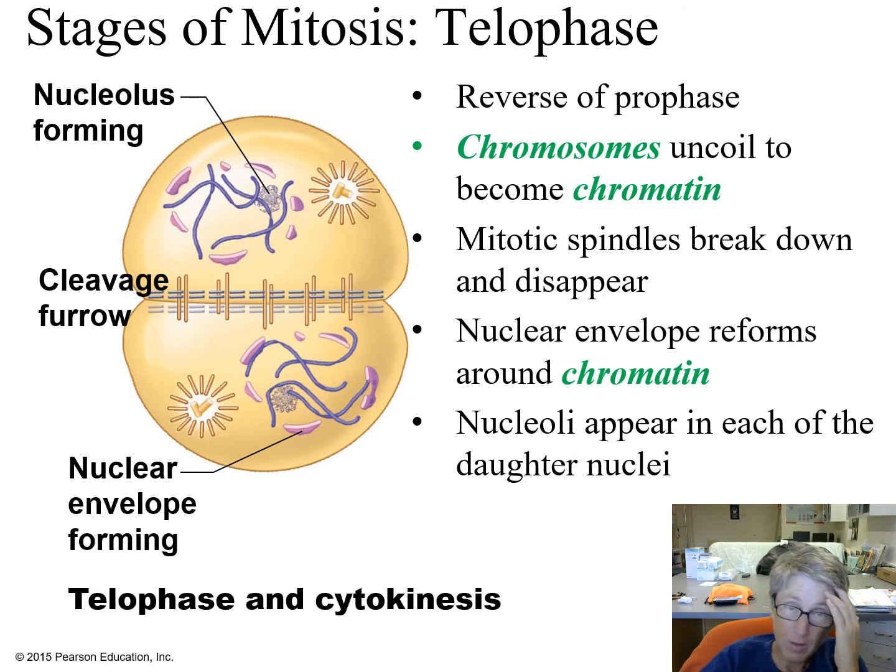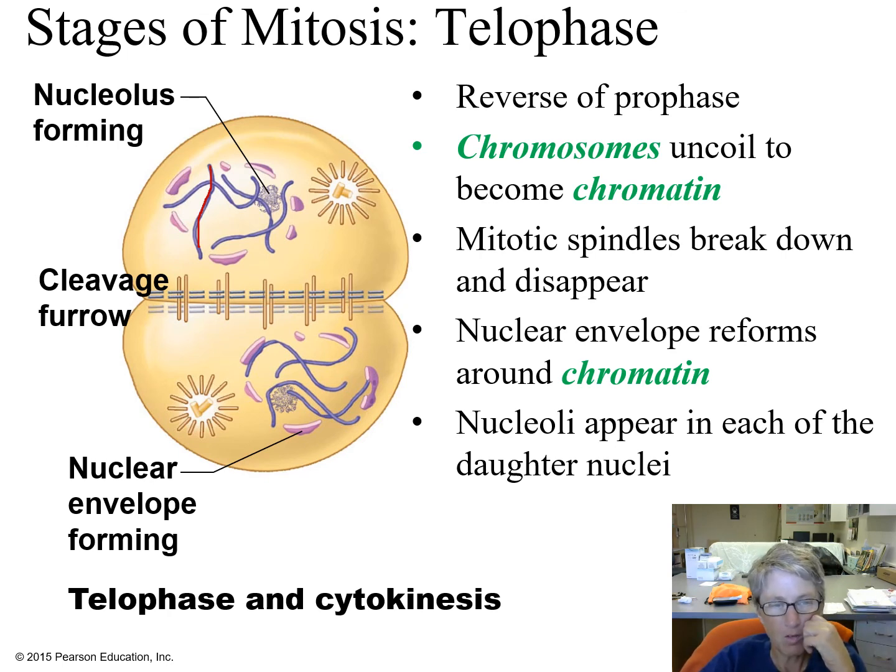Then after anaphase, next stage of mitosis is telophase, however you like to say it. It's kind of like the reverse of prophase. So the chromosomes, which are here, now they're single-stranded. They're not duplicated anymore. They start to uncoil, and an uncoiled chromosome is called chromatin.